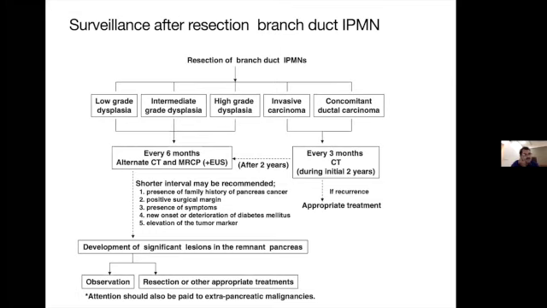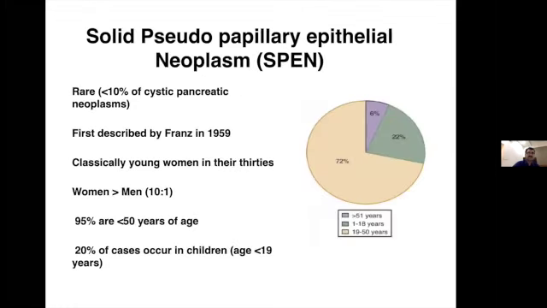So you have to do the follow-up like main duct IPMN. If the margin of resection is negative, you can observe, or wait for 2 years and then do 5 years. But if it is positive, you have to do follow-up imaging every 6 months. So these are the main cystic neoplasms.